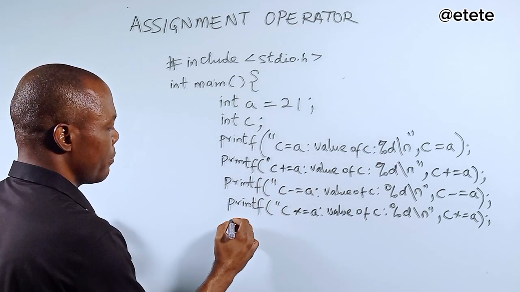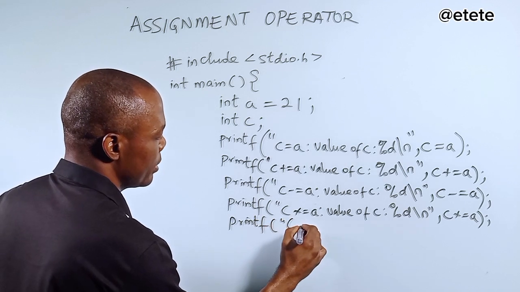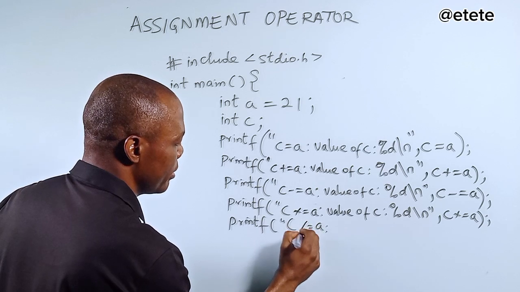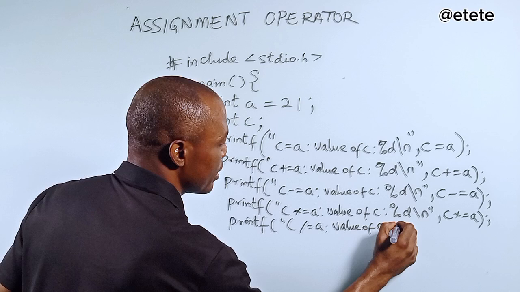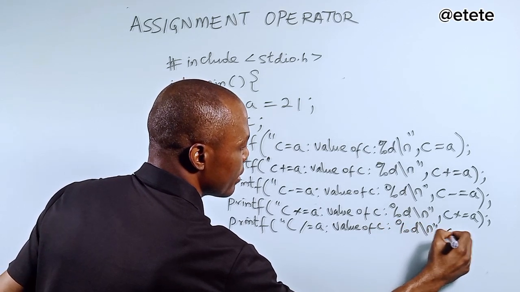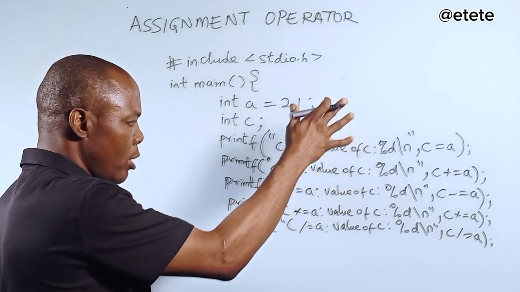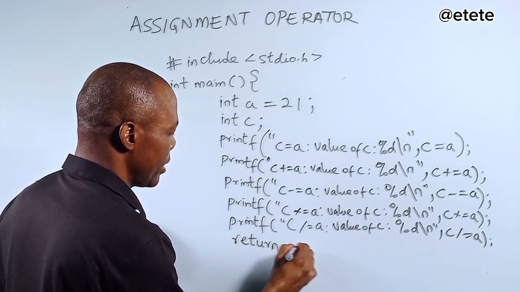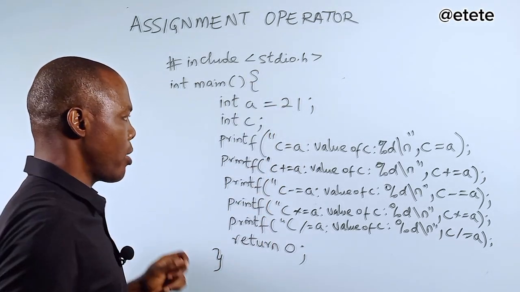Then here I can still say printf, c a. No, this one I'm using divide. Value of c, divide a. Okay, I'm just going to stop here. Then I'll say return 0. Then I will close my curly bracket.